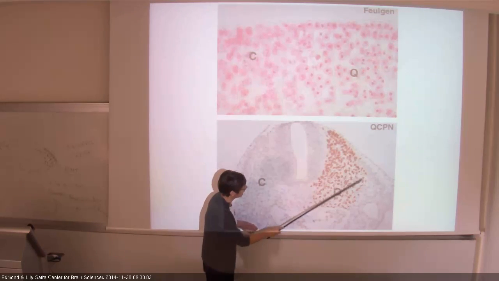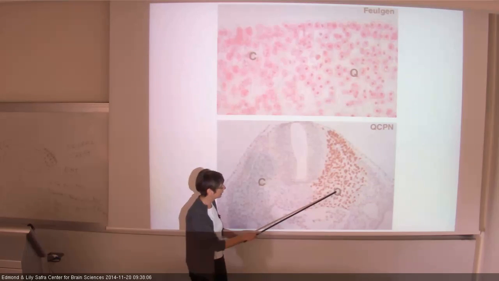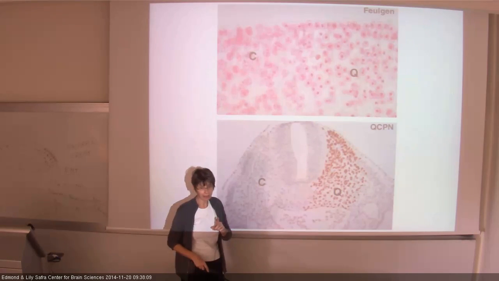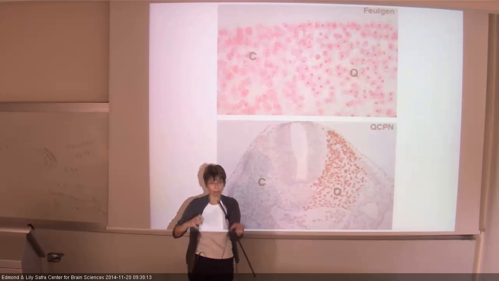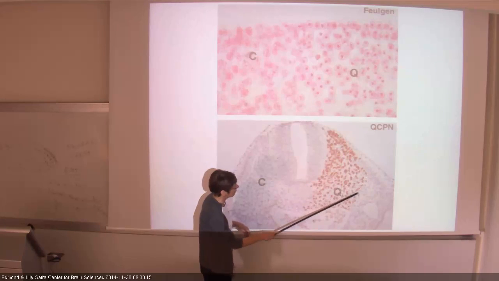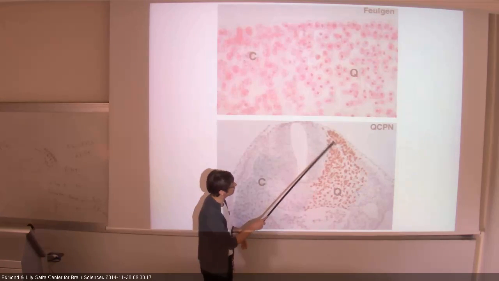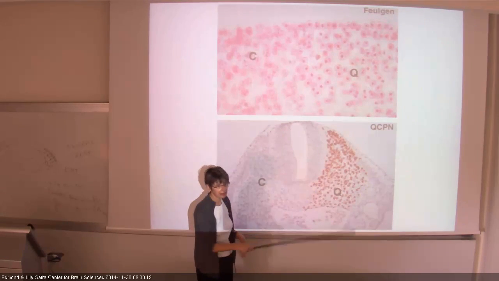And what have we replaced here? This is quail. It's not the crest. This is a somite. You remember these balls which are on both sides of the tube? This gives rise to the cartilage, and this gives rise to the muscles. So this is now quail.